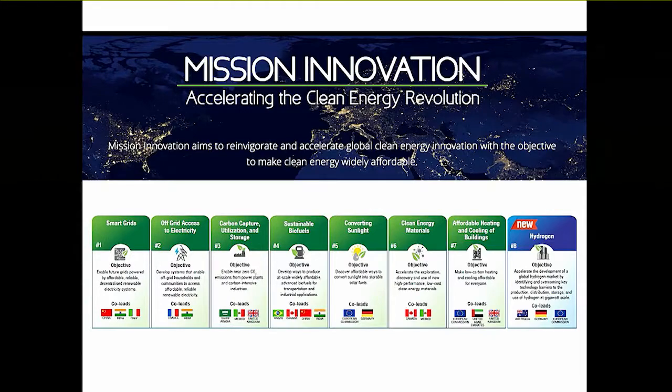For example, with CCUS you can make construction materials and make buildings more efficient, or you can convert sunlight, capture CO2, make chemicals and fuels, and store energy in a dense energy carrier. There's a lot of interconnection between these areas, and this gave us a good understanding of where we should go at the time.